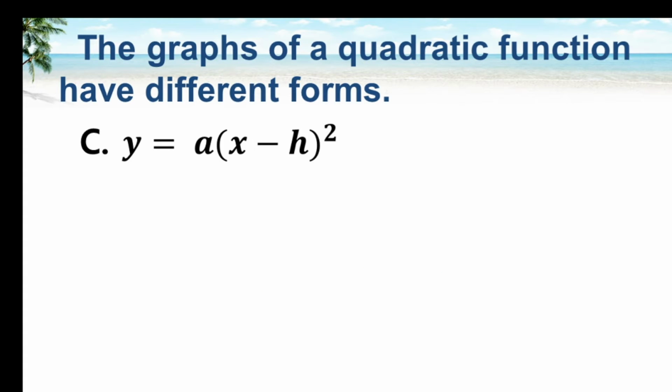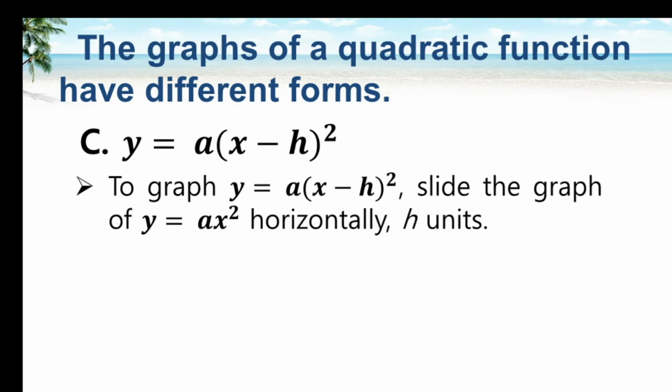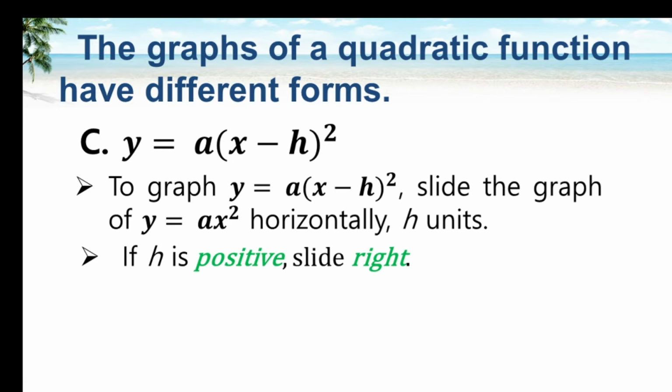The third form is y = a(x - h)². To graph this form, slide the graph of y = ax² horizontally h units. If h is positive, slide right. If h is negative, slide left.